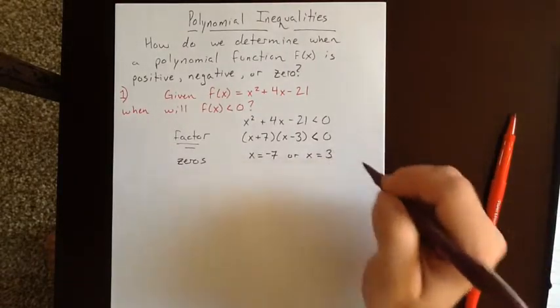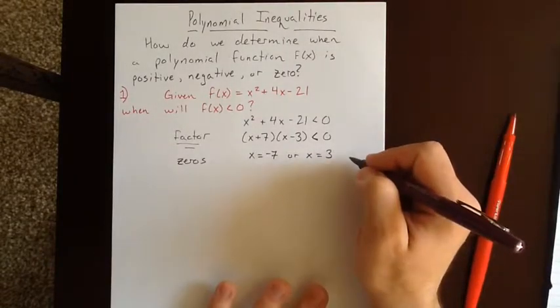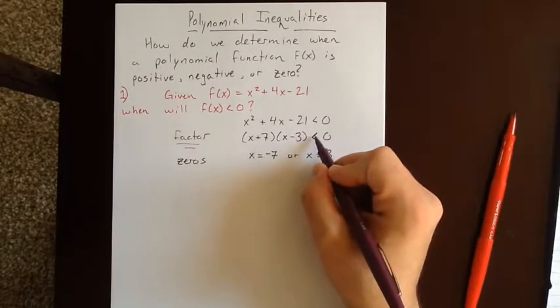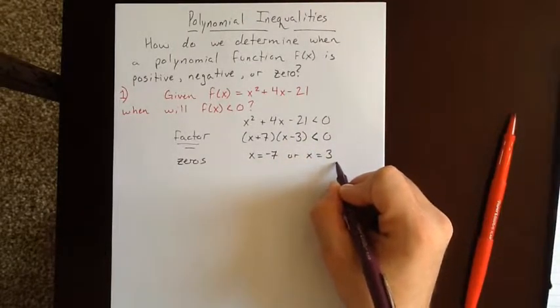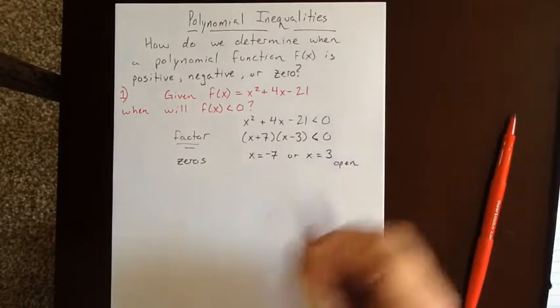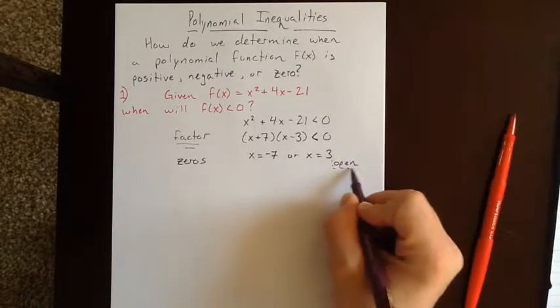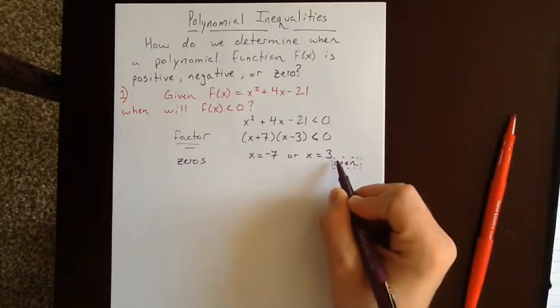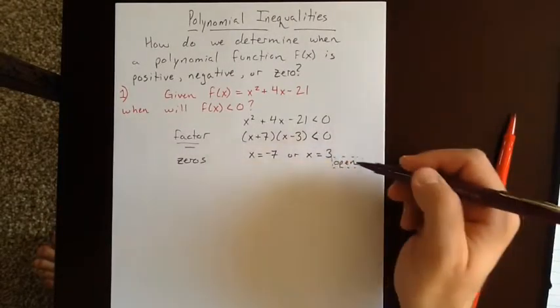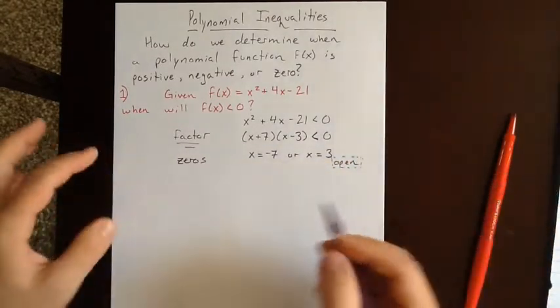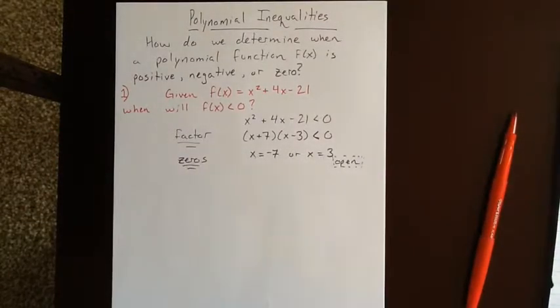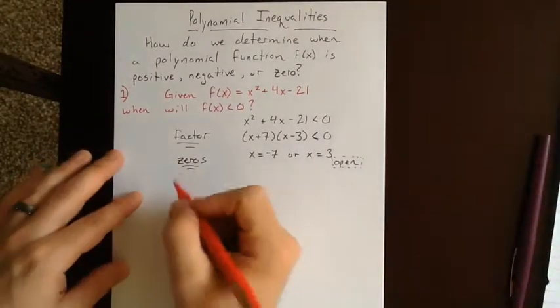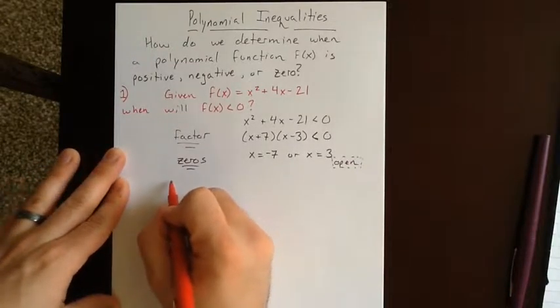Something to note at this point is that according to our inequality symbol, we are looking at open brackets. This is more about how we represent our answer, but according to our symbol, we're looking at open brackets.